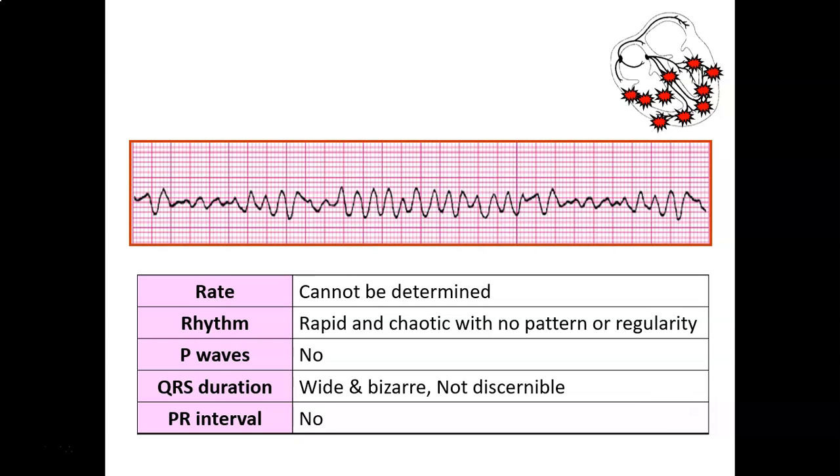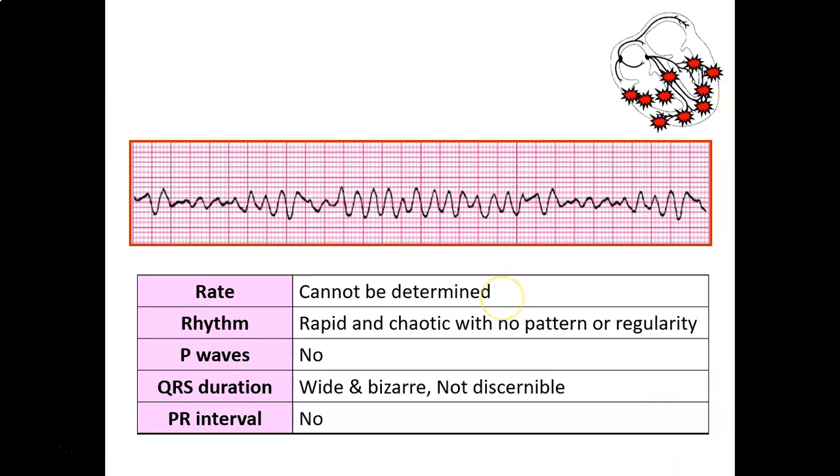Look at this rhythm strip. Here on the paper, you may find a very fast heart rate, but if you attach this patient to the monitor, it will be unable to record the ventricular rate.